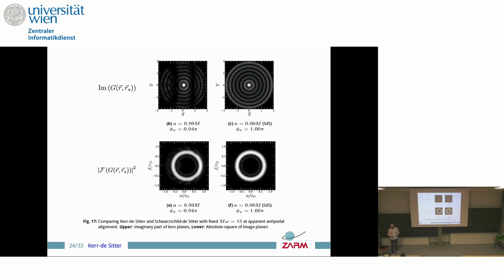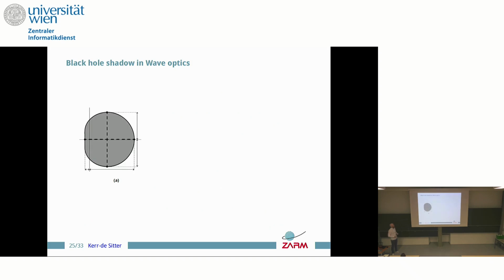The problem is the setup by taking only one point source. What I mean by this is that the shadow boundary curve is calculated for a ray-optical case in such a way that you have an observer and then you take the geodesics going backwards in time in such an angle that they hit the photon region.